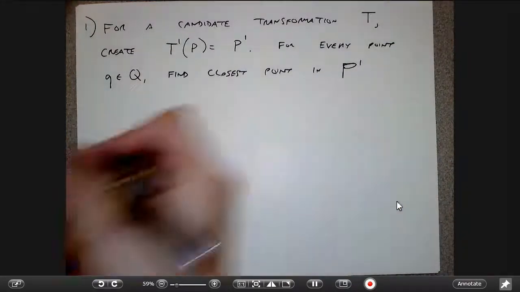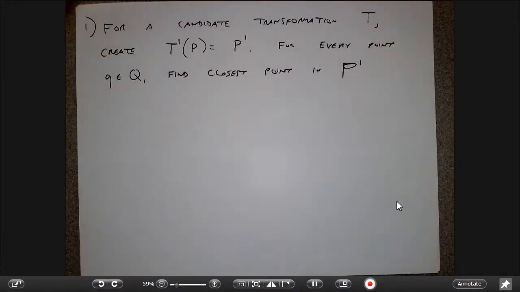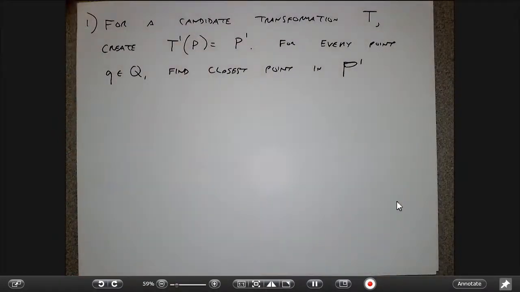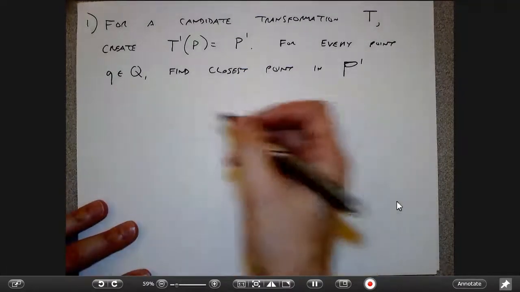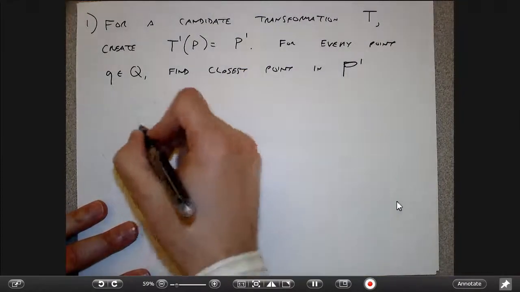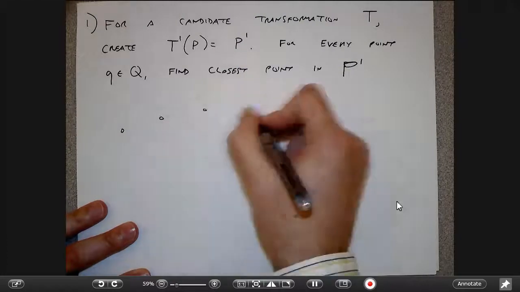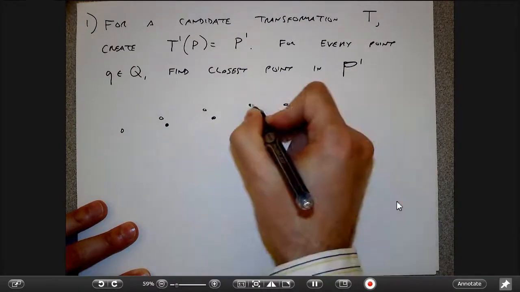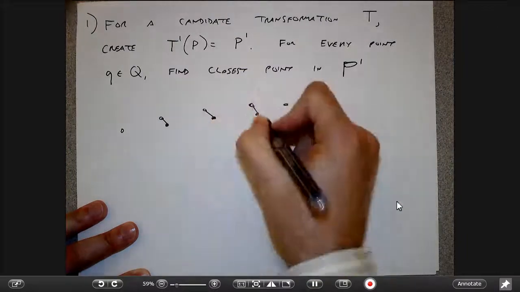Basically, I'm trying to duplicate the same picture, right? This is one of the scans, this is the other scan, and I find these closest things.